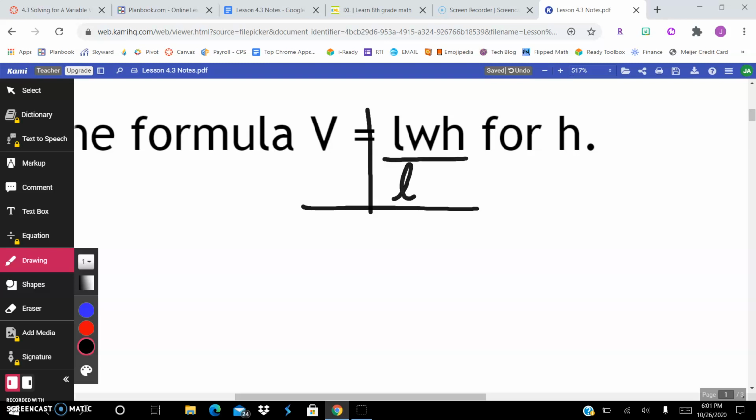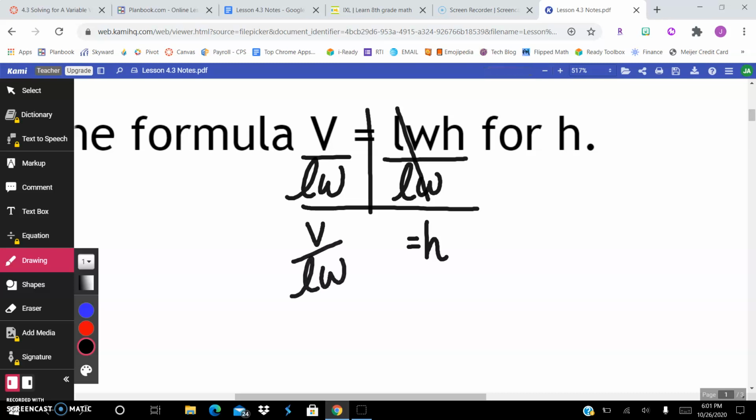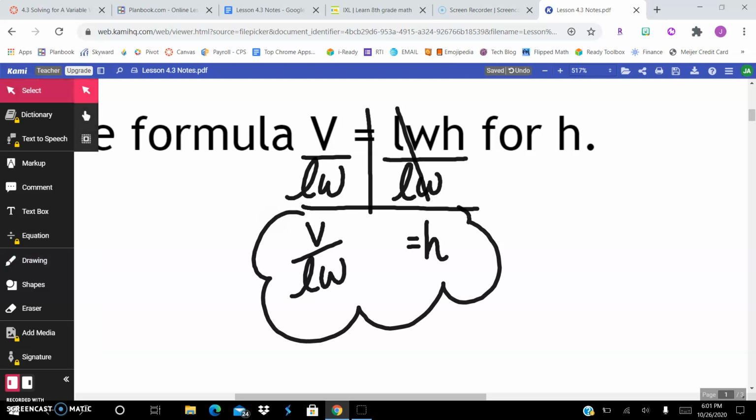And we want to get rid of the L and the W, the L times W. And we can do that all in one step since it's being multiplied together. So they would cancel out over here and we would have H equals, and then our answer is simply V divided by LW. So we're rearranging, not actually solving and simplifying things down.